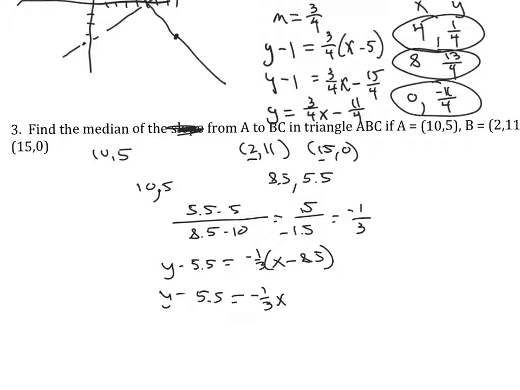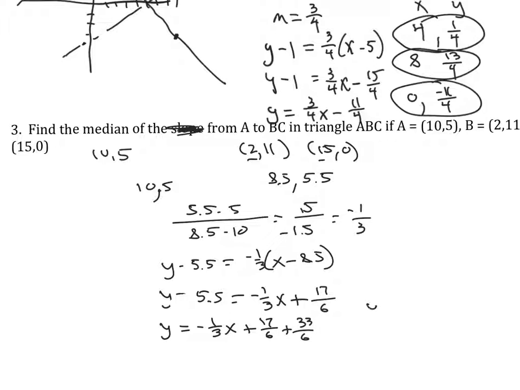Negative 1/3 times negative 8.5 would give us a positive, and 8.5 is 17 over 2, so we'd end up with a positive 17 over 6. So y is equal to negative 1/3 x plus 17 over 6 plus 5.5, which is equal to 11 over 2, or 33 over 6.